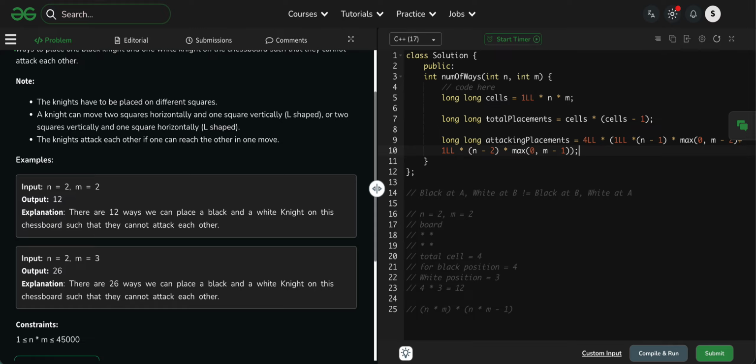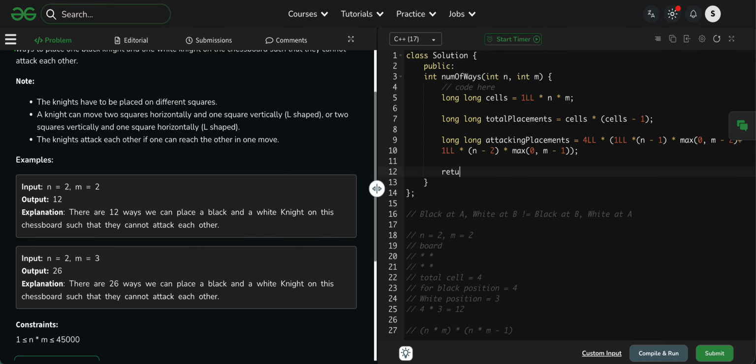This one. Now the return is total placements minus attacking placements, this one.